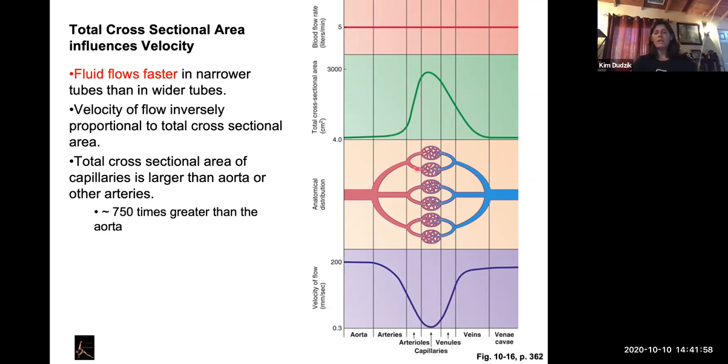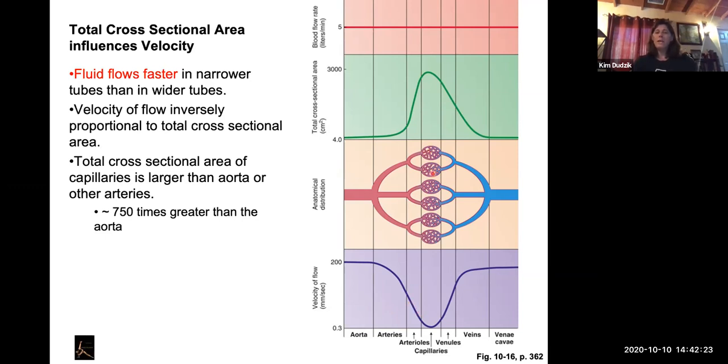Then as we get to the arterioles, there's even more of those. So when you add up the diameters or the cross-sectional area of each one of those, that means we're getting an even wider vessel. Okay, it increases. Wider vessels means the velocity decreases.